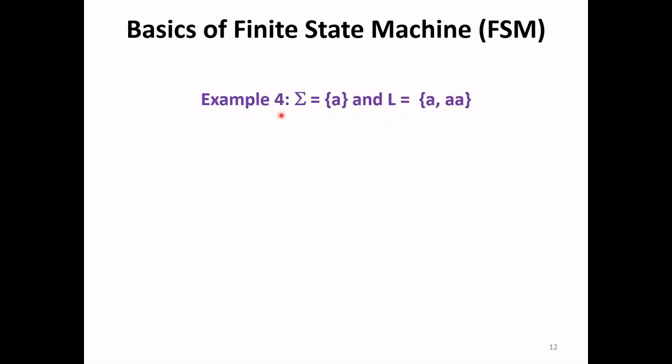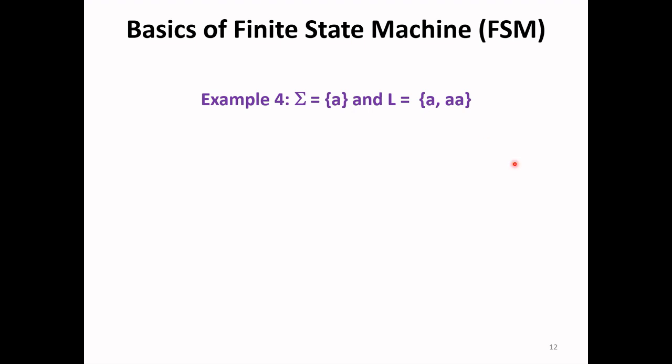In this example, we have combined both example 2 and example 3. That is, this language contains two strings, A and AA. It means if I have a single A, then the finite state machine must accept that string, and if I have AA, then also the finite state machine must accept the string.